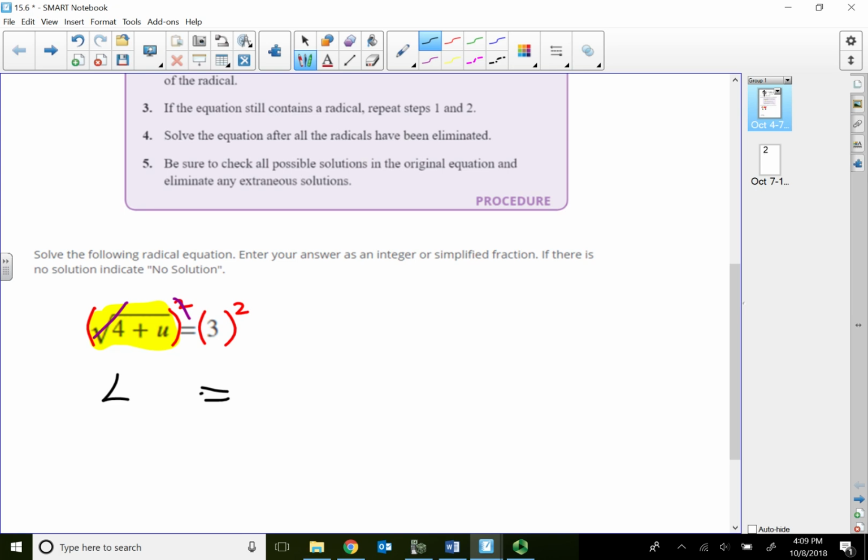Sorry. The right side should be 3 squared, which is 9. So now this is a linear equation, so we will solve it accordingly. Since my variable term is positive u, let it stay, so we simply move the positive 4 over, which becomes negative 4, minus 4 on the other side.